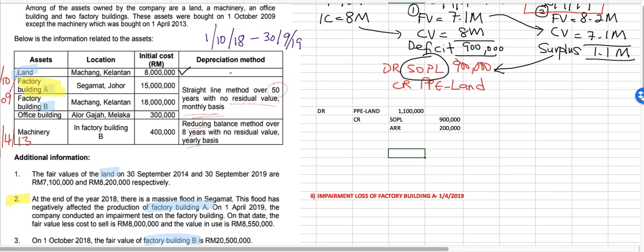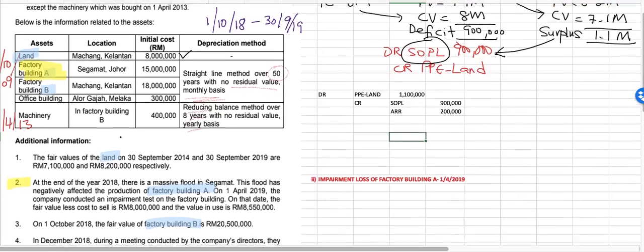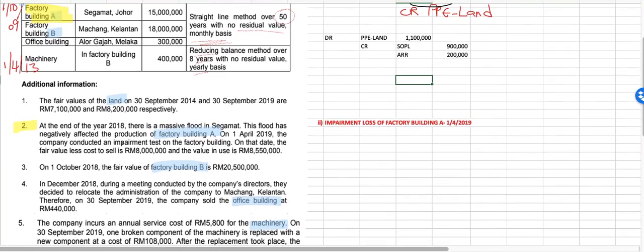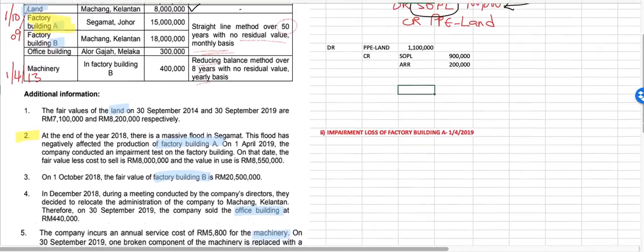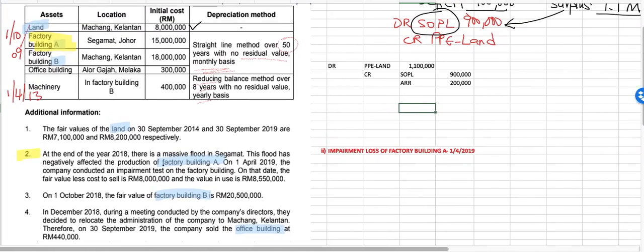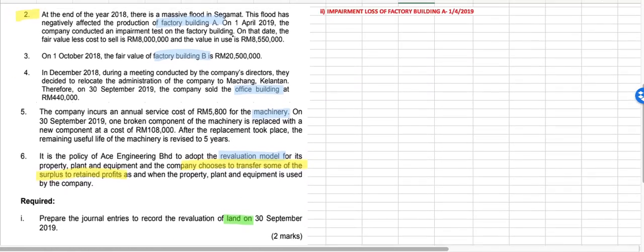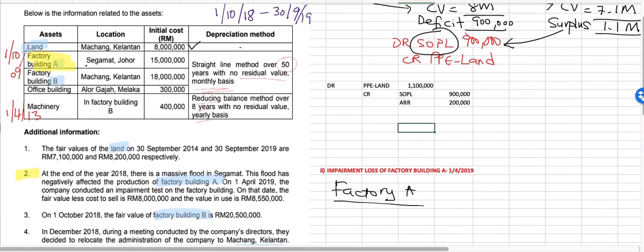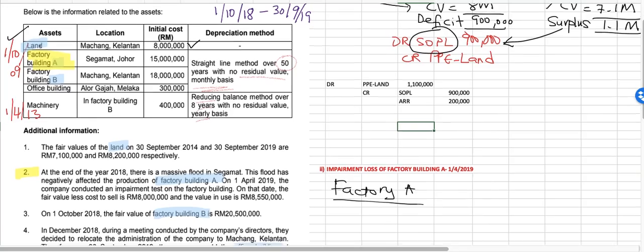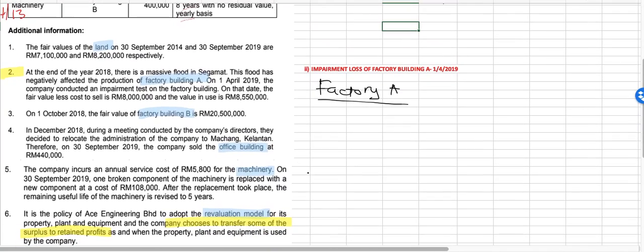Okay, so now let's draw a timeline so that we can calculate the impairment loss on 1st April 2019. Okay, so this factory A, based on the question, it was purchased on 1st October 2009.